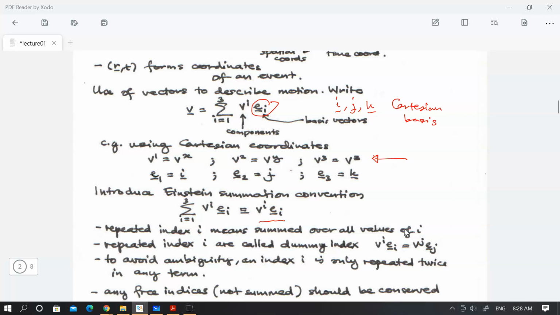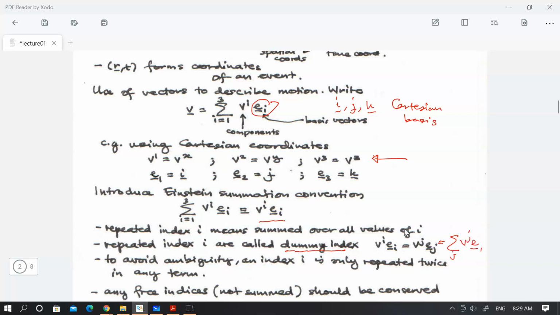The repeated index means summed, and it's sometimes called the dummy index because you can replace this index by a different symbol. For example, v^i e_i means the same as v^j e_j. This also means a sum.